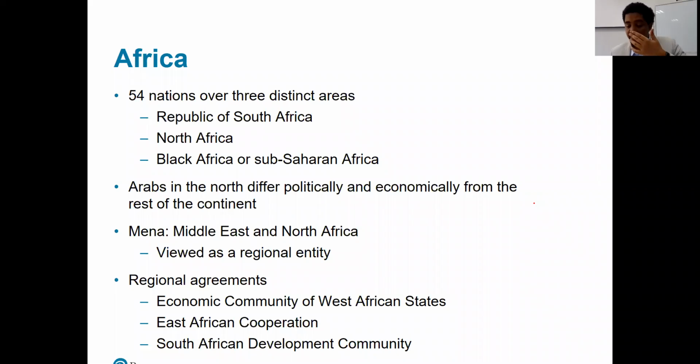As I've said, this free trade agreement is not recognized by the WTO, as with most other preferential free trade agreements, but they are still created. And these regional agreements are for the Economic Community of West African States, East African Cooperation, and the South African Development Community. So there are also free trade agreements signed among countries in Africa, among these 54 nations.